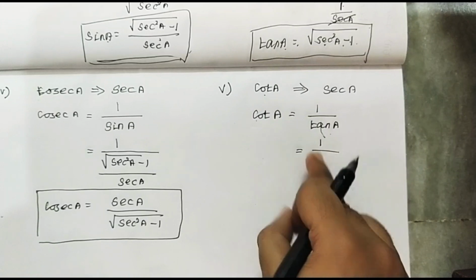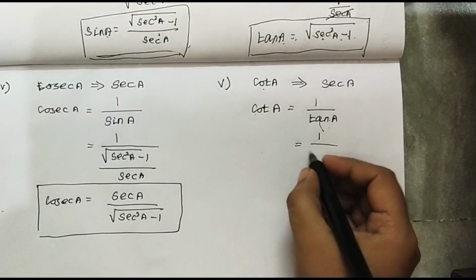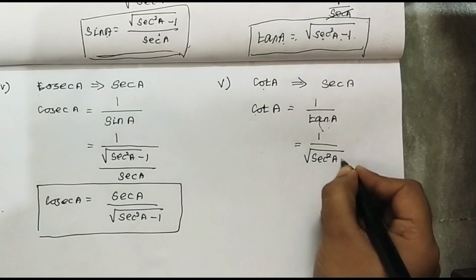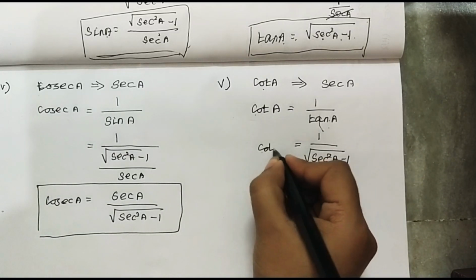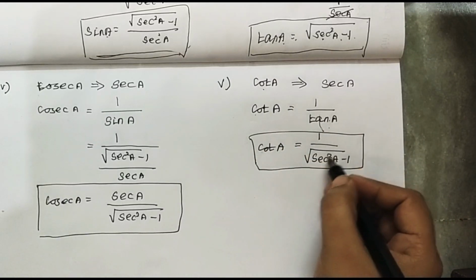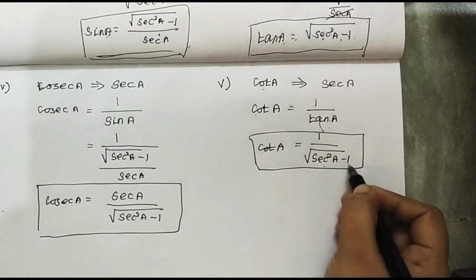Now this value I am substituting here. So cot A we have written as 1 divided by square root of secant squared A minus 1.